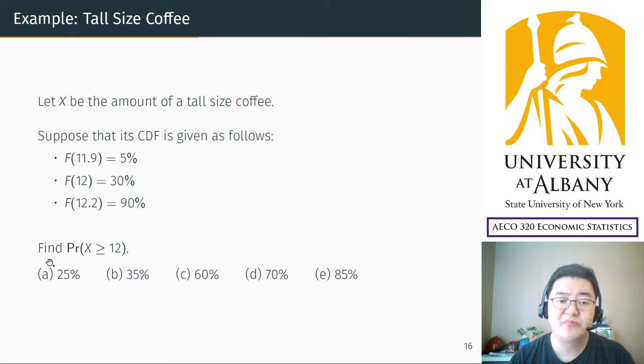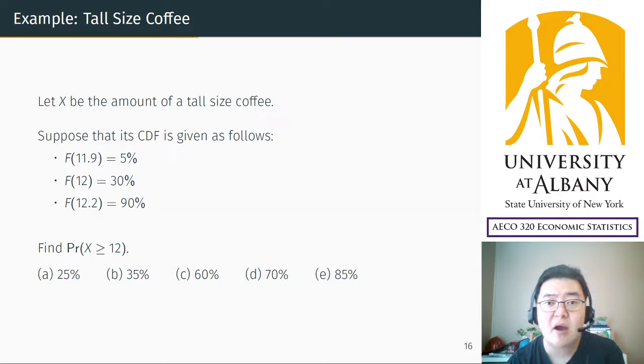For example, think about this. Given these three pieces of information, can you find the probability that a tall size coffee contains more than 12 ounces or not? Think about this. The answer is yes, you can calculate it.